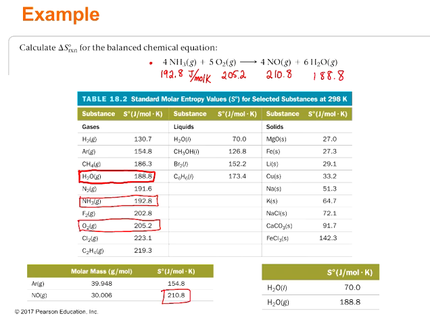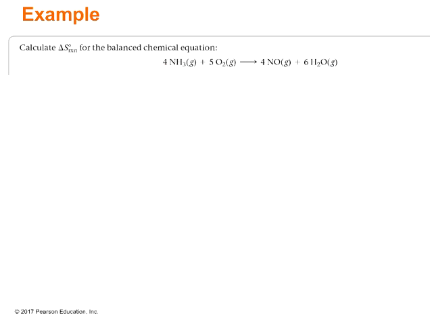Okay, so now we're going to plug that into our equation. And again, this is very similar to how we would calculate the enthalpy of a reaction. Okay, so let's rewrite our equation for delta S of a reaction. So we'll take the sum of the standard entropies of the products and multiply each of those by the number of moles. So we're going to take stoichiometry into account. And then we're going to subtract the sum of the standard molar entropies of the reactants.